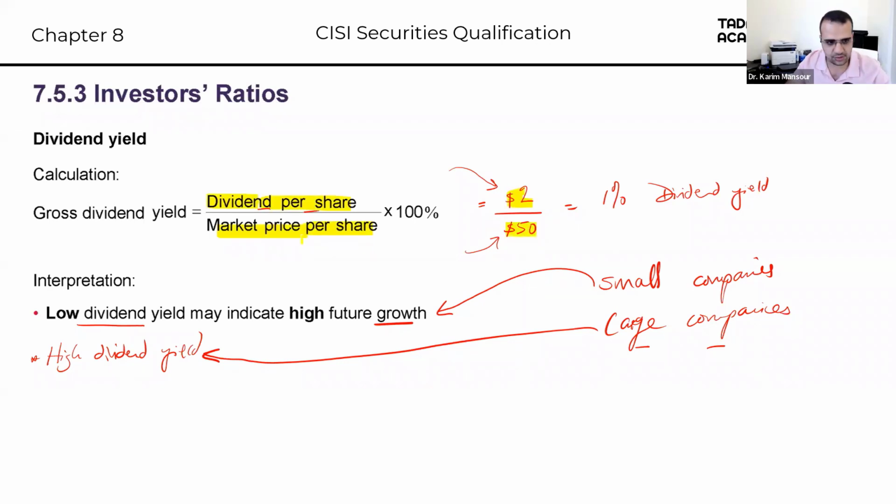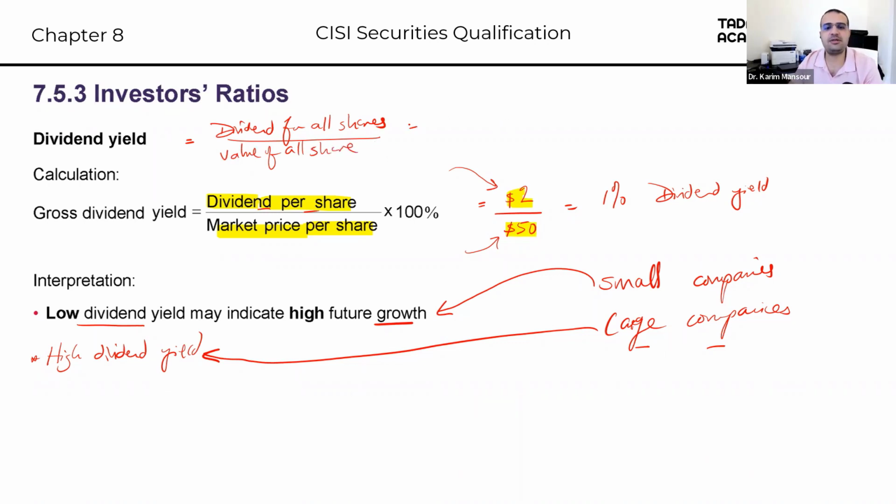Another way, of course, to calculate the dividend yield is to look at the dividend for all shares, or the total dividend, over the market value of all shares, or what we call the market capitalization of the company.